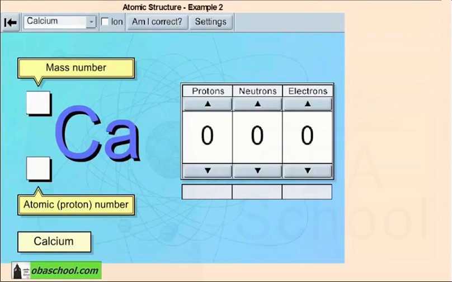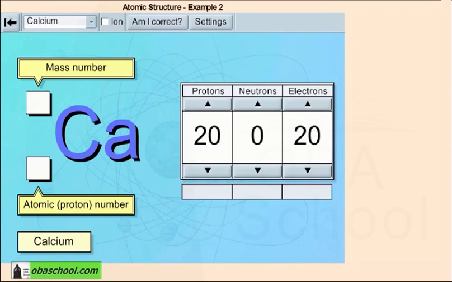Now let us take another example. In this case, we have a neutral atom, calcium, which has 20 electrons. Now we'll have to find its mass number and its atomic number. Since calcium is a neutral atom, it will have 20 protons as well, since the number of protons is equal to the number of electrons.